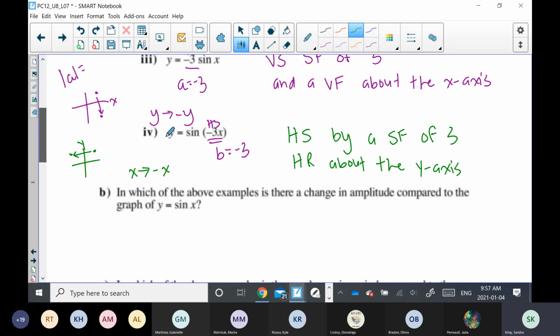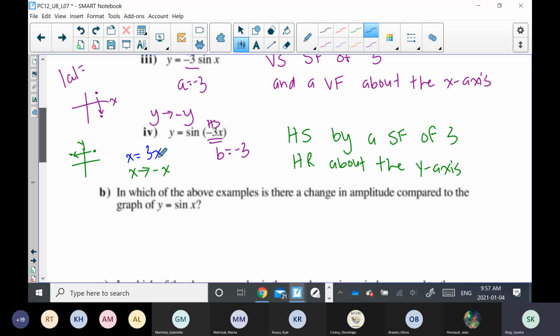I'm not technically done my replacement notation. I just did the replacement notation for the reflections. I also have to take care of the stretch, so there are two things happening. x is being replaced with 3x, right? So the x comes out and 3x goes in. And then this takes care of the negative.